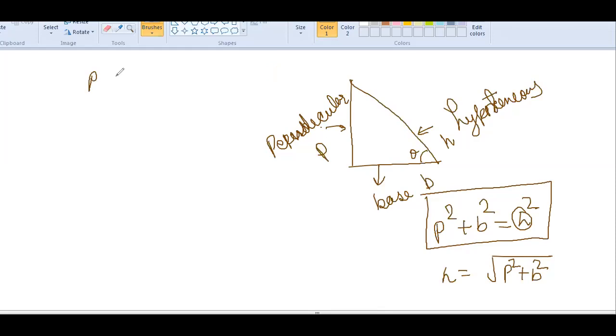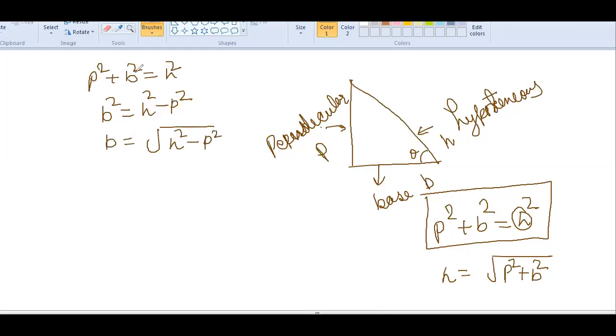So we understand that p square plus b square will be equal to h square. Suppose you bring p square to this side, what will happen? b square will be equal to h square minus p square, right? So b will be equal to square root of h square minus p square.